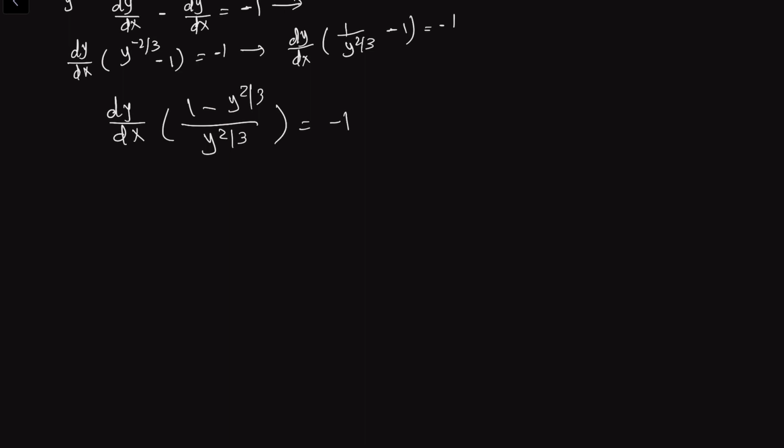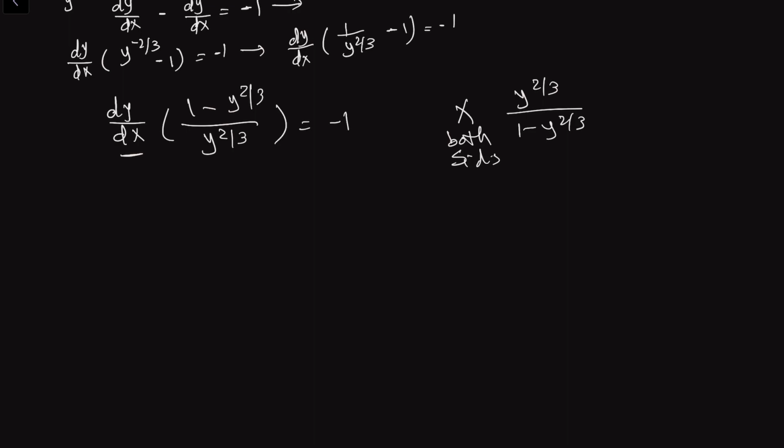So we can multiply both sides by y to the 2 over 3 over 1 minus y to the 2 over 3. This way we're trying to get dy over dx by itself on one side.